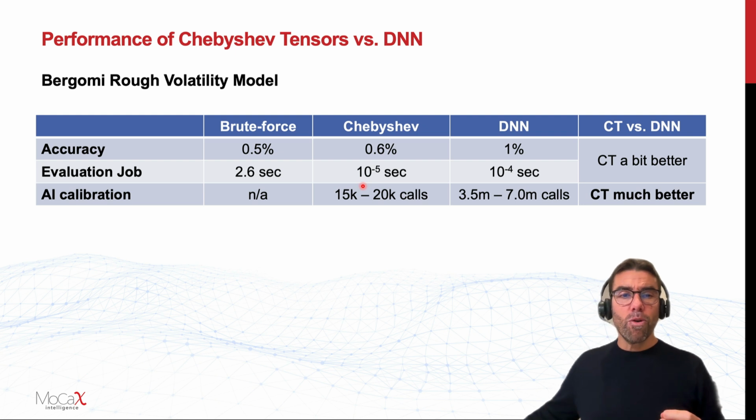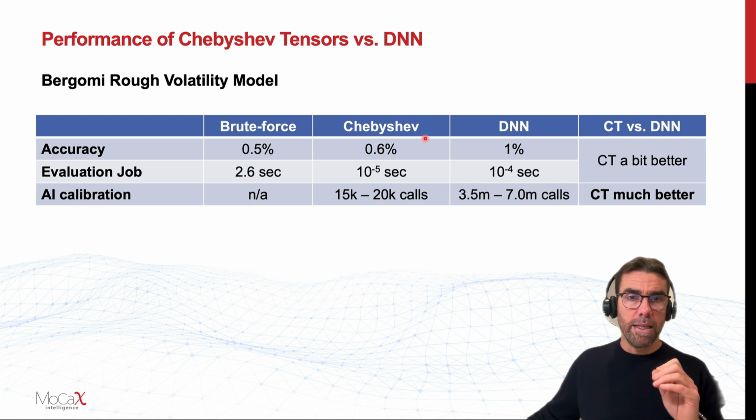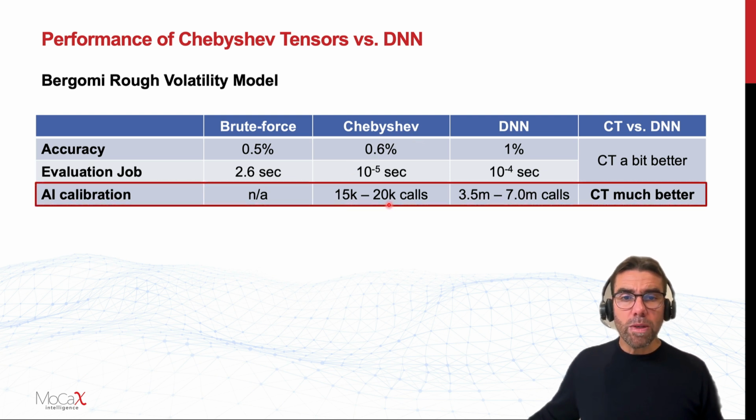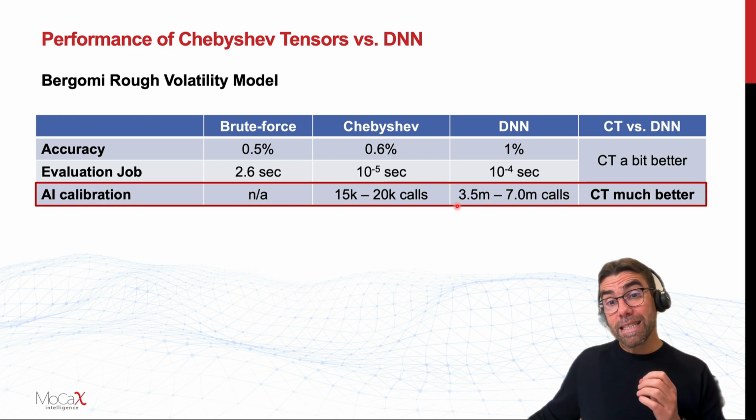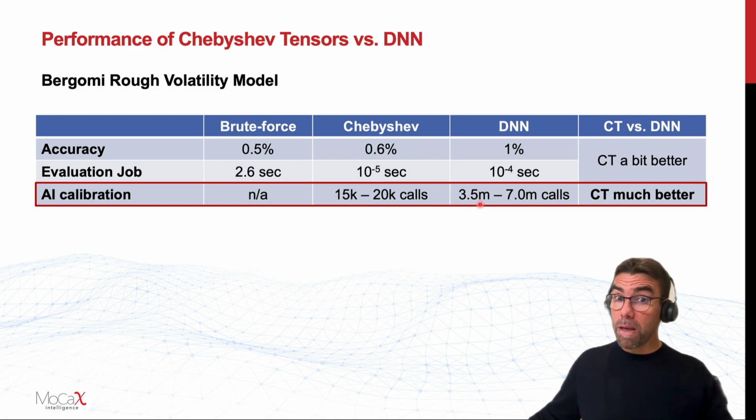Now, the interesting bit was when we compare the effort that it required to calibrate the AI model, so the Chebyshev Tensor or the DNN. For the Chebyshev Tensor, we needed between 15 and 20,000 sampling points to calibrate it to this level of precision. However, for the DNN, well, those papers reported that we needed between 3.5 and 7 million calls.